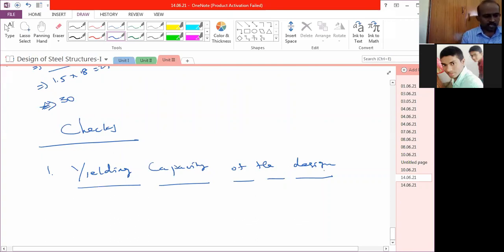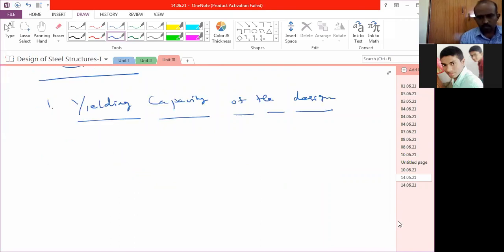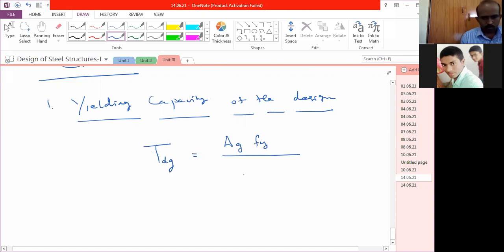This again comes to the type 1 problem, so same thing you have to do. Yielding capacity can be calculated. TDG is equal to, please calculate and tell me quickly. TDG is equal to Ag fy divided by gamma m0. What is the Ag value?